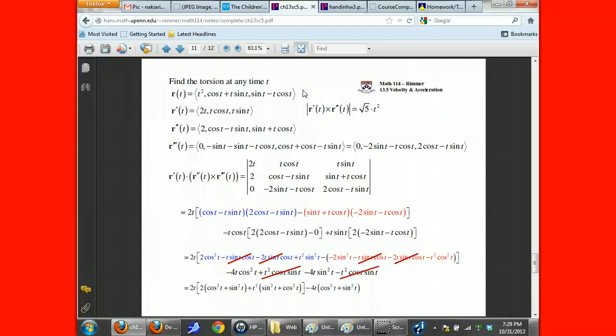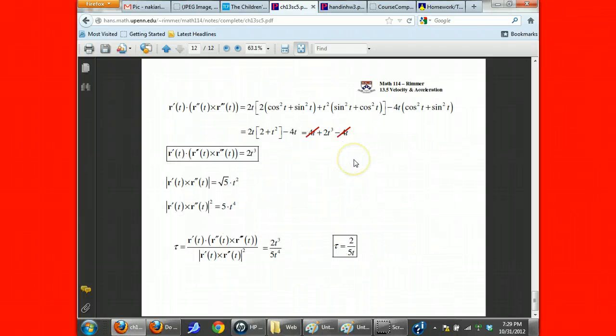At time t equals 0, the torsion is undefined. And then as the time grows, the torsion gets smaller and smaller. Basically, the curve has less and less twist. At the beginning, very much twist, the degree of twisting is very large, but then as time goes on, it slows down. So yeah, know the formulas and how to calculate it.